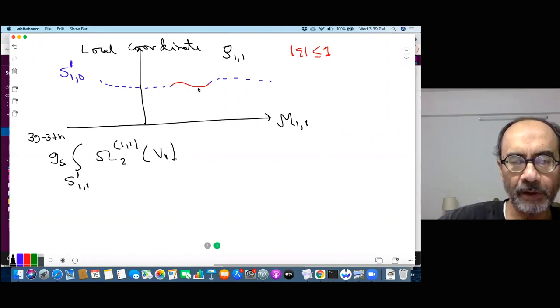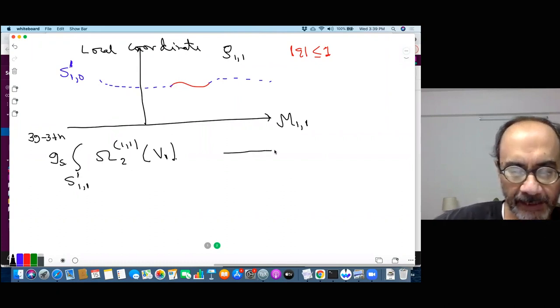The first part we already know how to do by plumbing fixture. Now you have to interpret this in terms of a Feynman diagram. The Feynman diagram that we will be using to represent this is this. It's as if it's an explicit one-point function that you have added to the action.